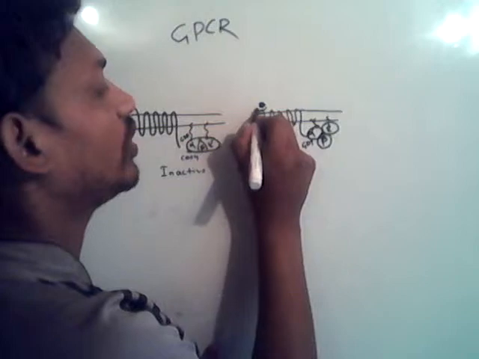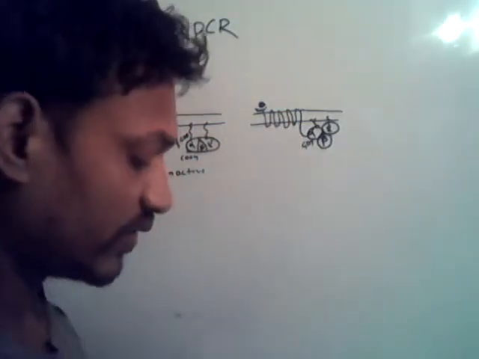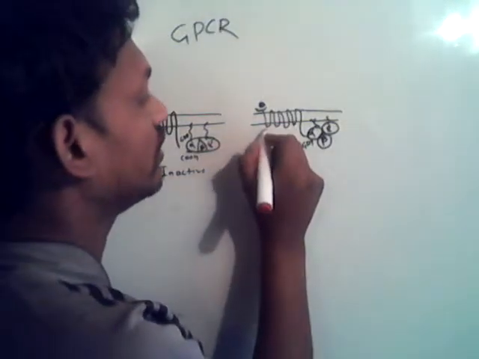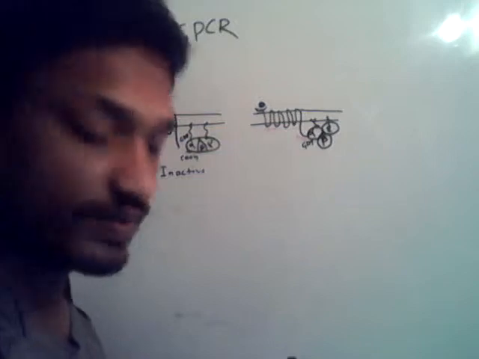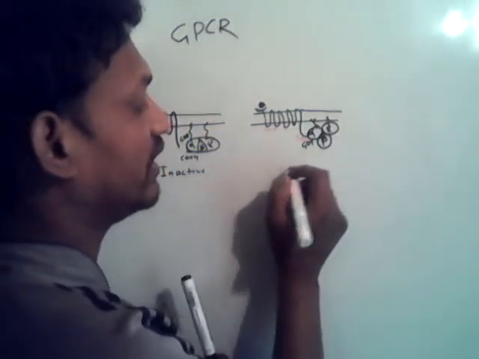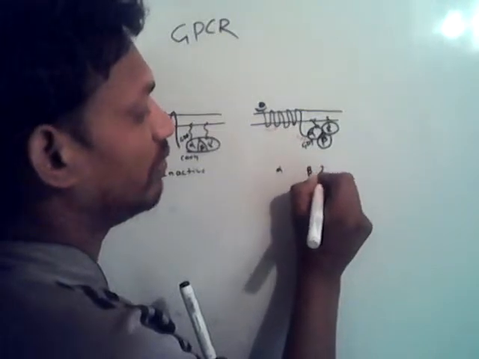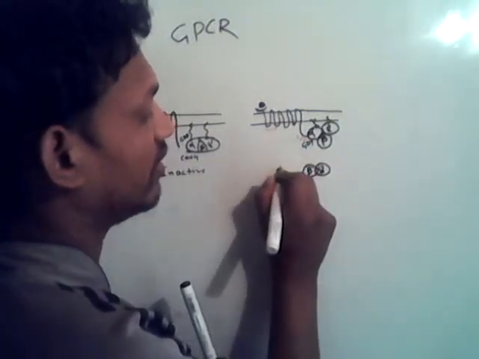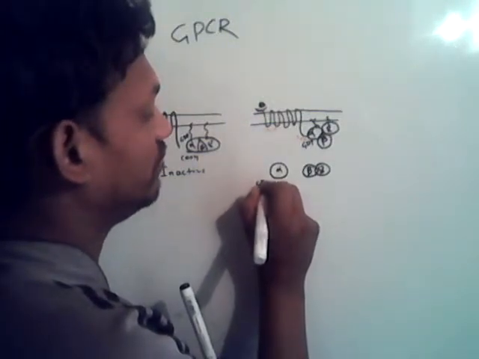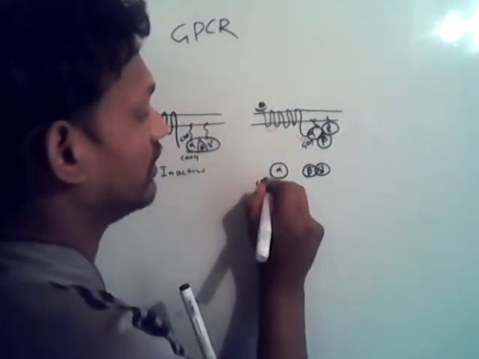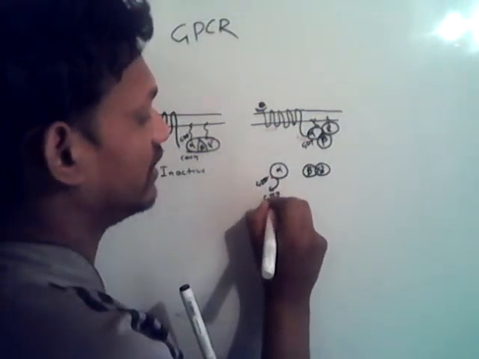After the binding of a signaling molecule to the receptor, the receptor shows a conformational change, and this trimer dissociates into the alpha monomer and the beta-gamma dimer, and the GDP on the alpha monomer is replaced by GTP.